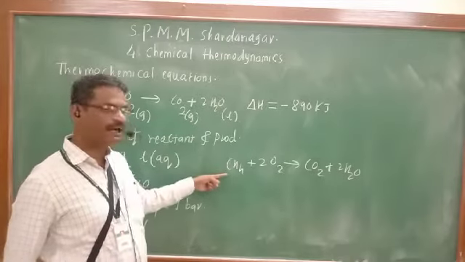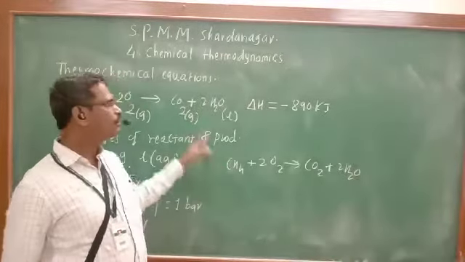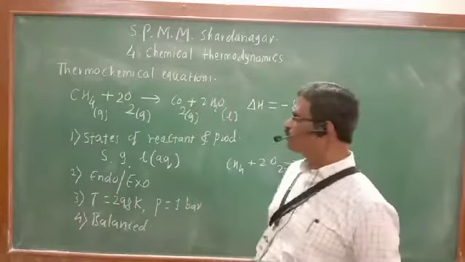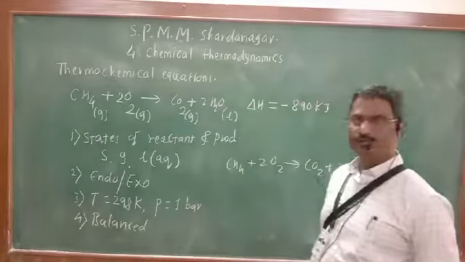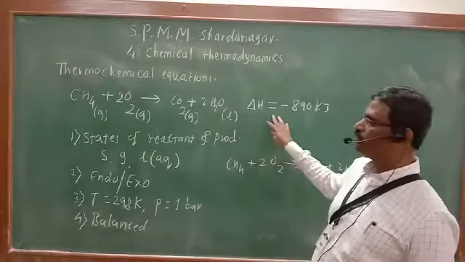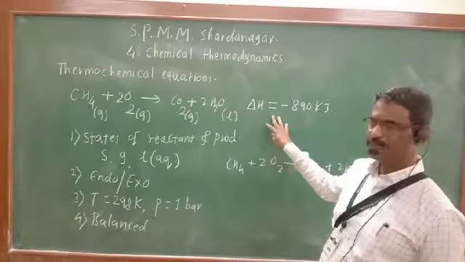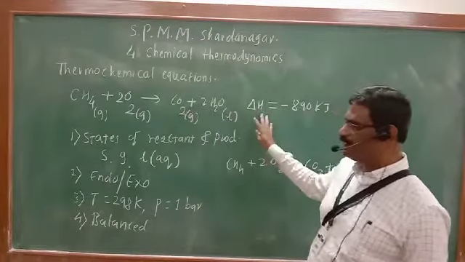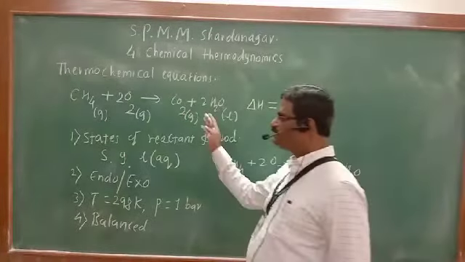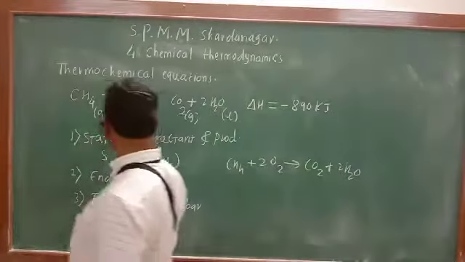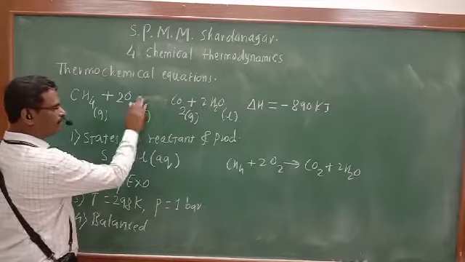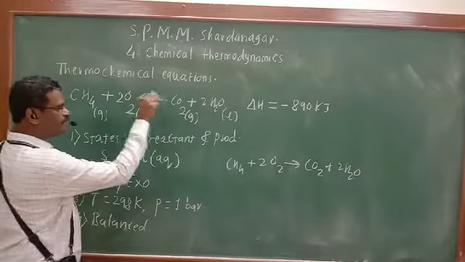To convert this balanced chemical equation to the thermochemical equation, we have seen certain rules, and using those rules, this equation can be converted to a thermochemical equation. So here the forward reaction is exothermic. Now, if I write this reaction in the opposite manner, meaning backward manner, how does it take place? Like this.